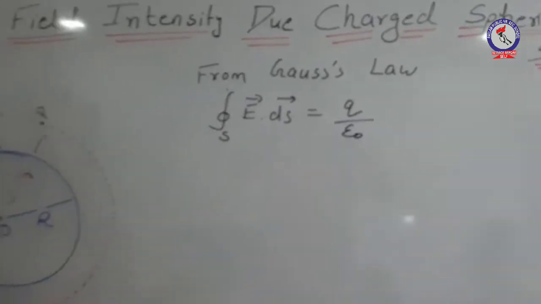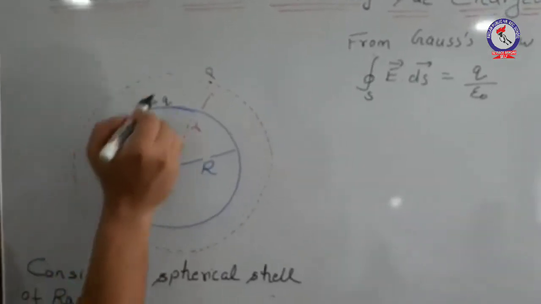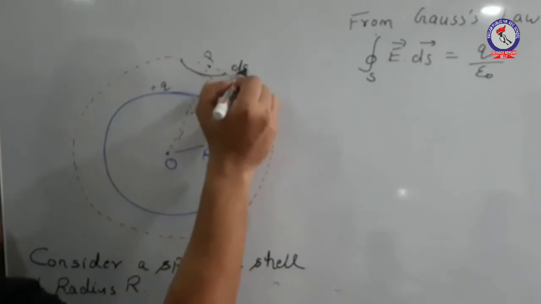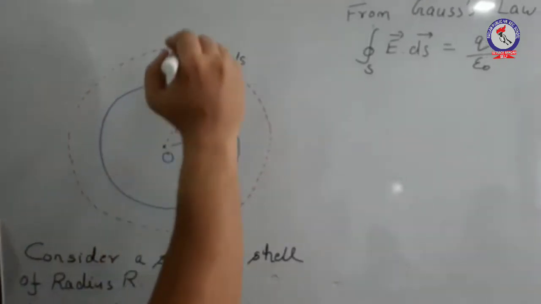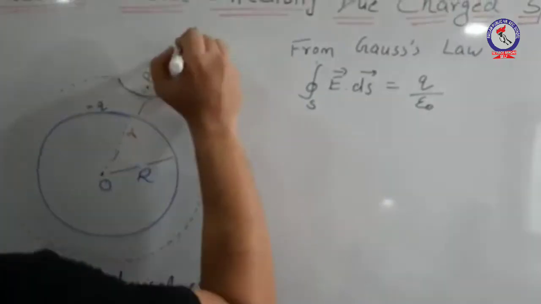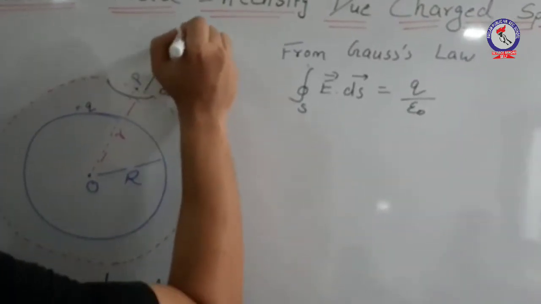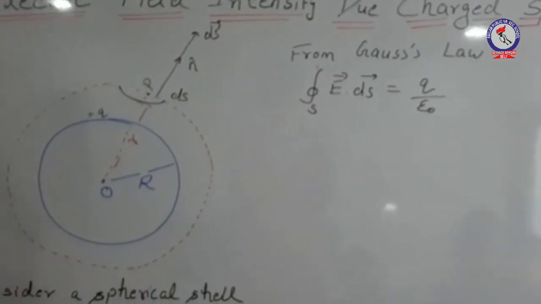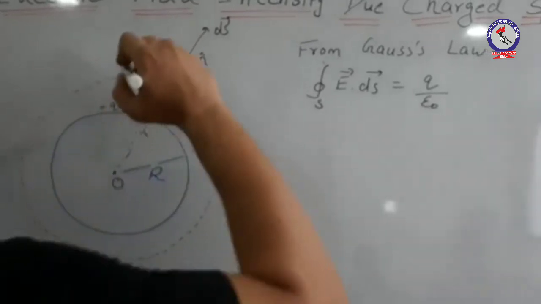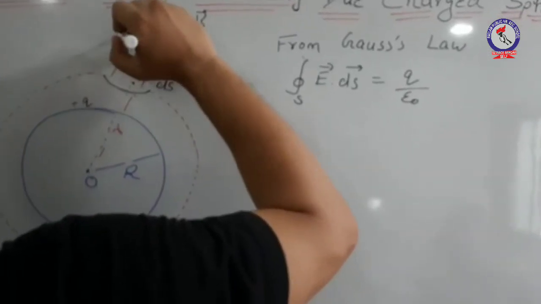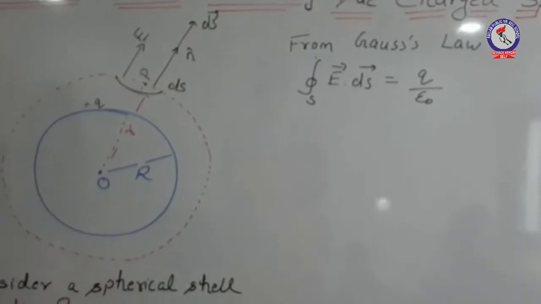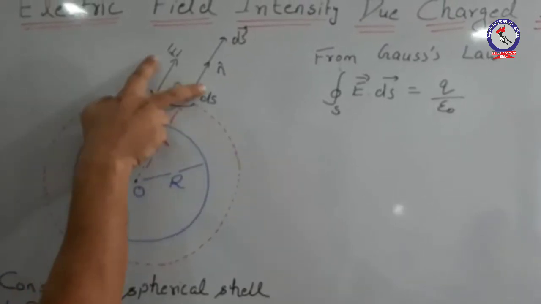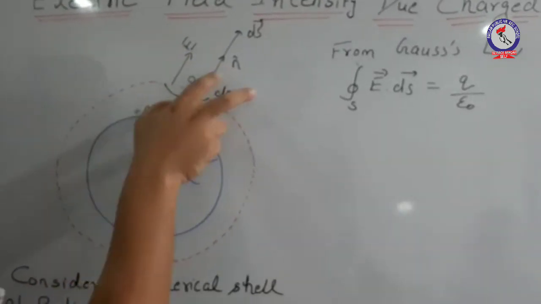Now, coming back to this figure, I will consider an element ds over the surface of this shell. Let n represent the normal to this element. As you have given positive charge to the shell, the direction of electric field will always be radially outwards from this Gaussian surface. Hence, you can observe that the angle between electric field and normal is 0 degree.